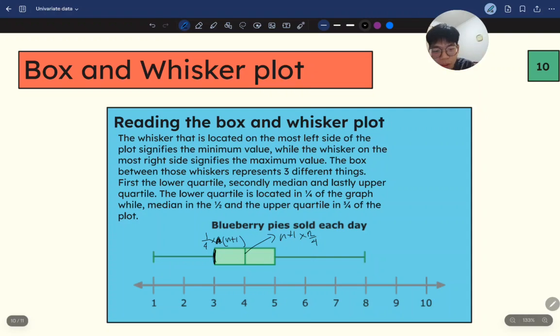So let's try to read this value. The lower quartile. Let's try from the minimum value then. The most left whisker shows the minimum value. It shows blueberry pies sold, the 1 is the minimum, and we can see 8 is the maximum.